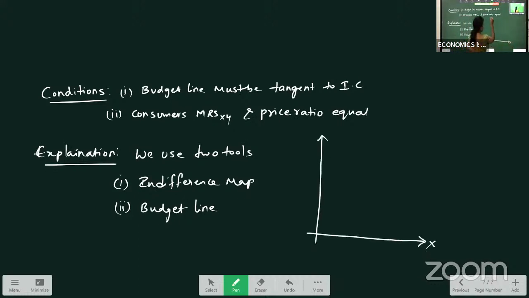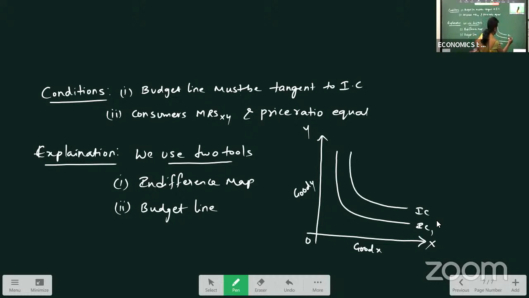Just see the graph carefully here. On x-axis, good X, and on y-axis, good Y. So to explain consumer equilibrium, I'm using two tools. What are the two tools? Indifference map. What is indifference map? Like previously we discussed, a set of indifference curves. Okay. So IC1, IC2, IC3.